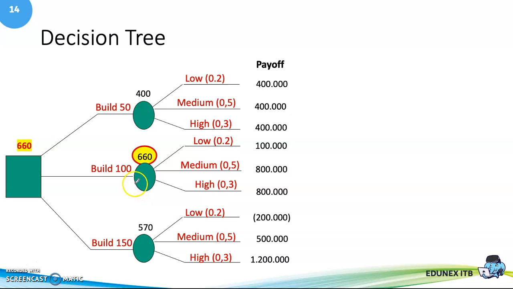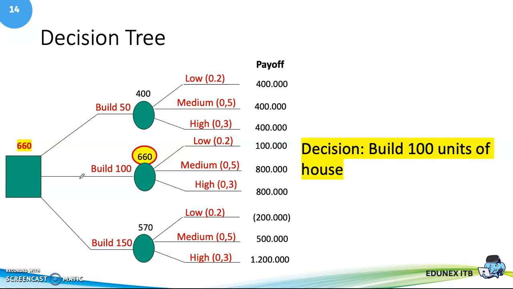After we compare, we get the maximum point for decision alternative number 2, which is to build 100 units of houses. Then our decision is to build 100 units of houses.